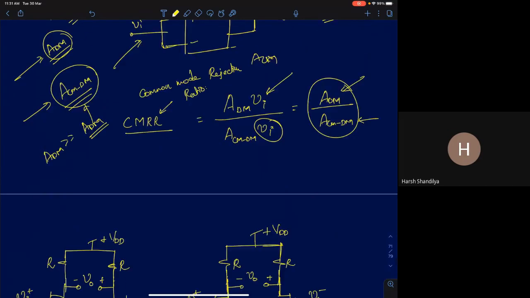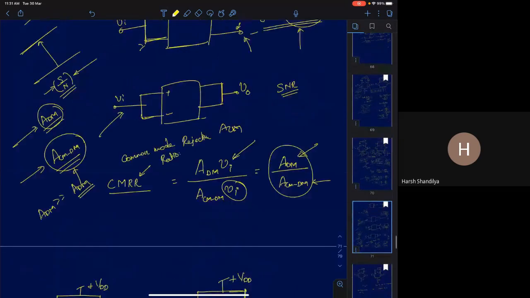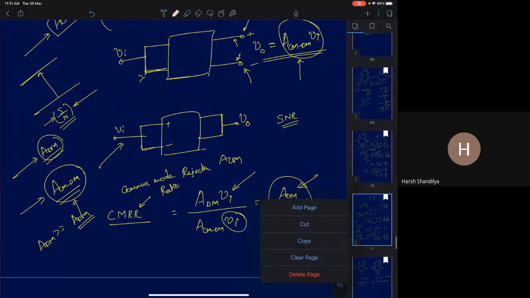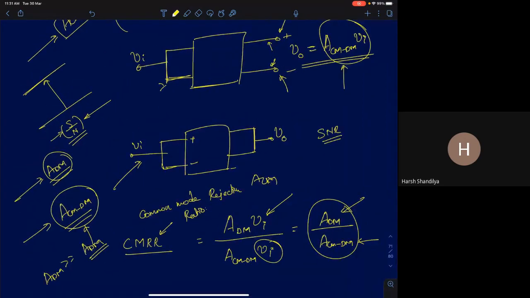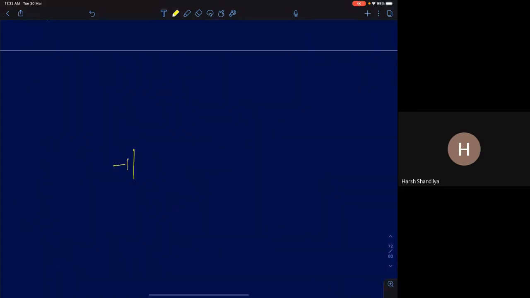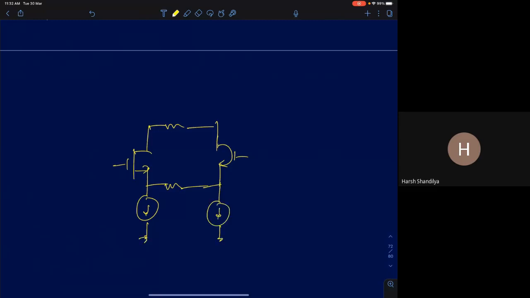I can give you an example. I'll quickly throw one. Let's say we take a differential pair which looks like this. This current source here has a resistance of, say, 2 RCM.